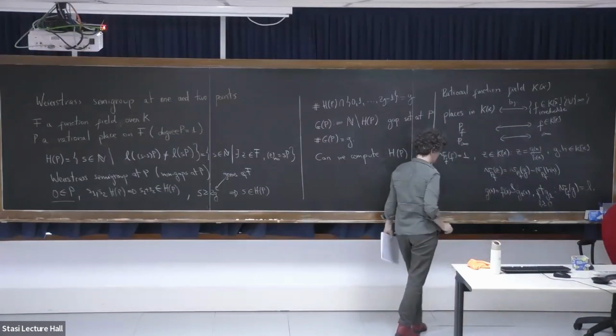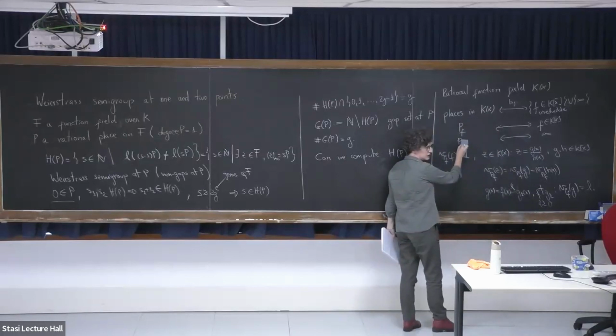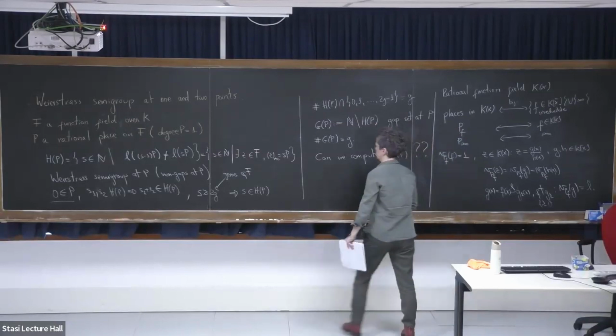What is this place at infinity? How can we characterize it? I just give you how the valuation acts on a polynomial. If I say that, giving the valuation is the same thing as giving the place. Okay?